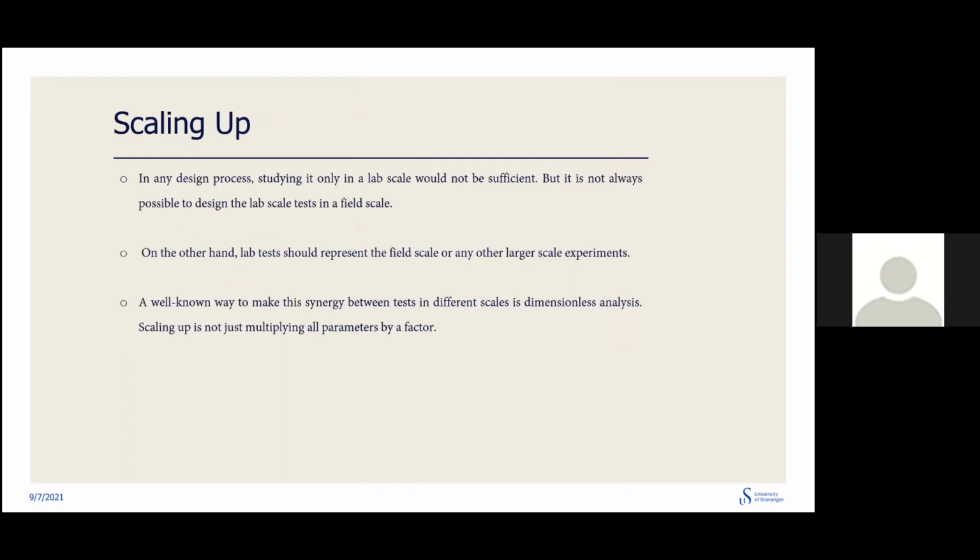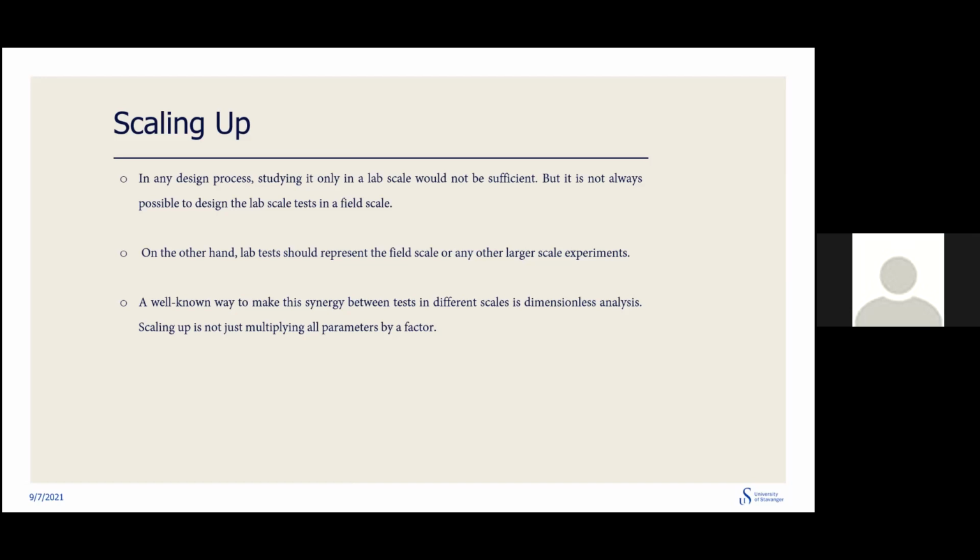So, yeah, as I said before, it's very important in any design that we should have a criteria for scaling up different procedures. And also the scaled up procedure should be representative of the lab mixing or anything you're doing in the lab.